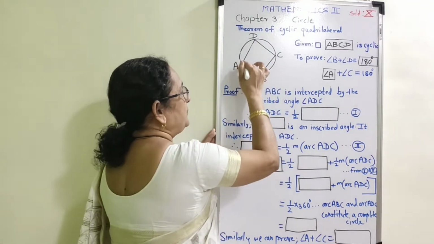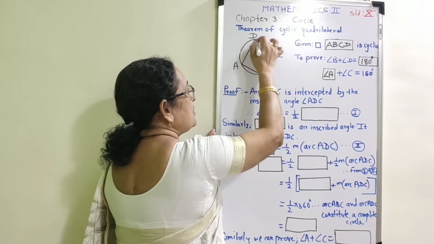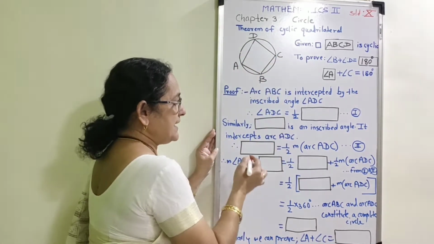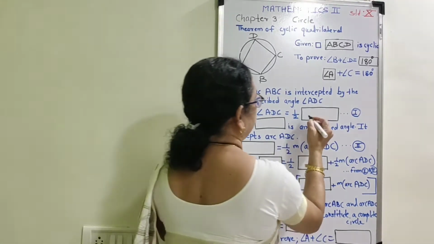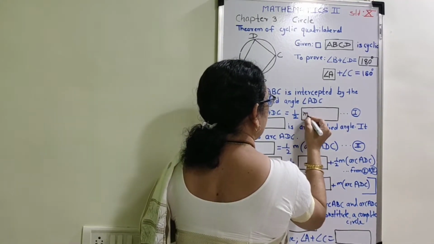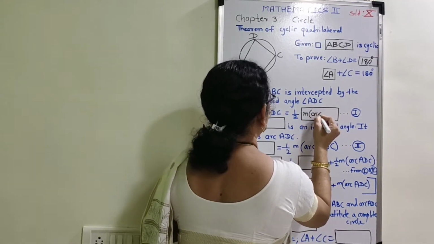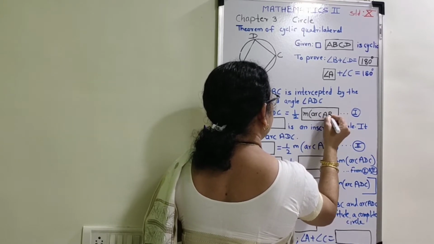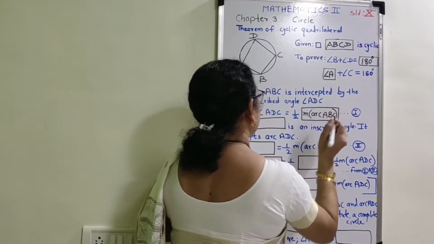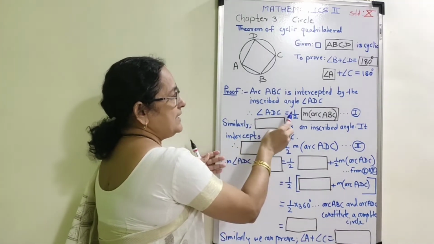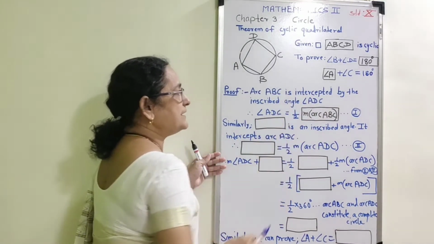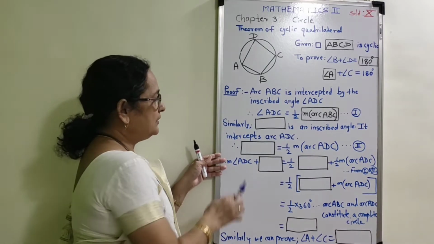Therefore we know that the measure of angle ADC is exactly half of the measure of arc ABC. We all know that the measure of an inscribed angle is half the measure of its intercepted arc.